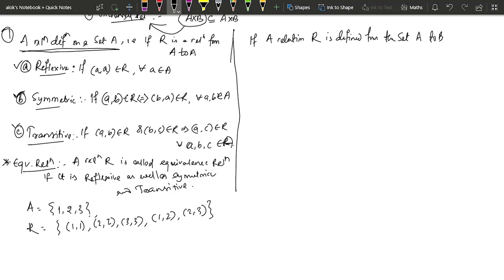Now we say whether it is reflexive, symmetric or transitive.